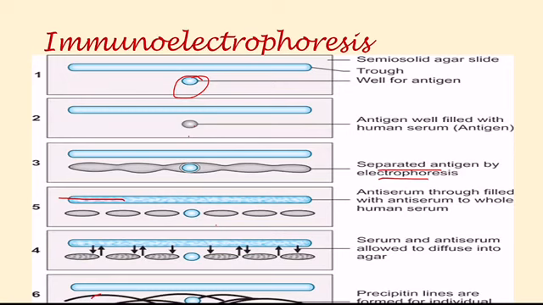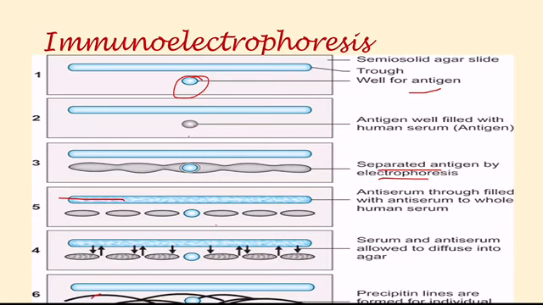Immunoelectrophoresis is a combination of immunodiffusion and electrophoresis. In this method, an agarose gel is poured on the slide and the well is cut and filled with an antigen. Now the antigen is subjected to an electric field. The antigens are separated by their size and charge in the electric field.